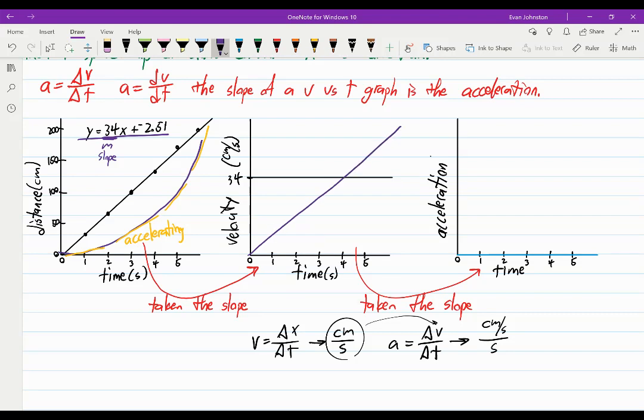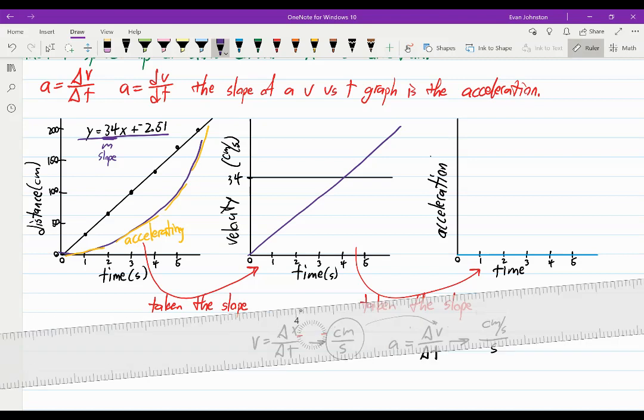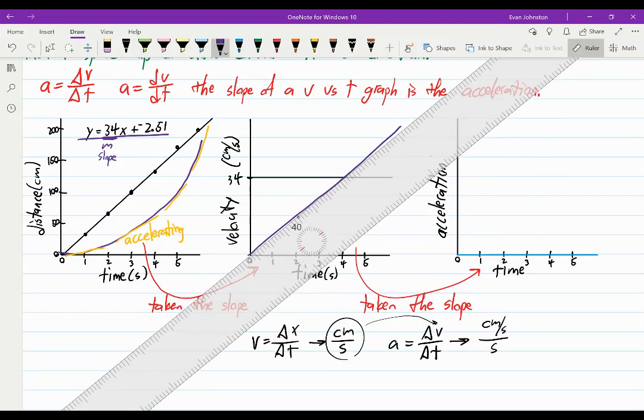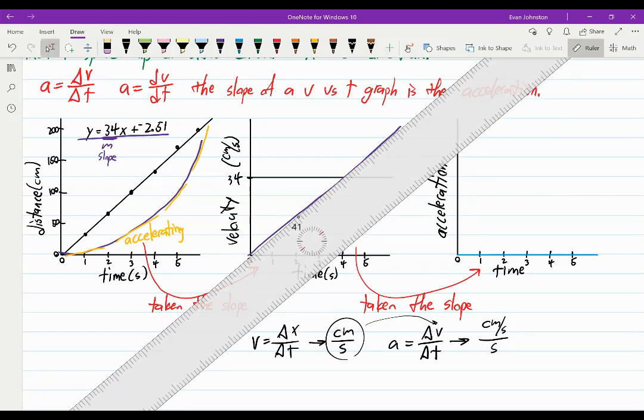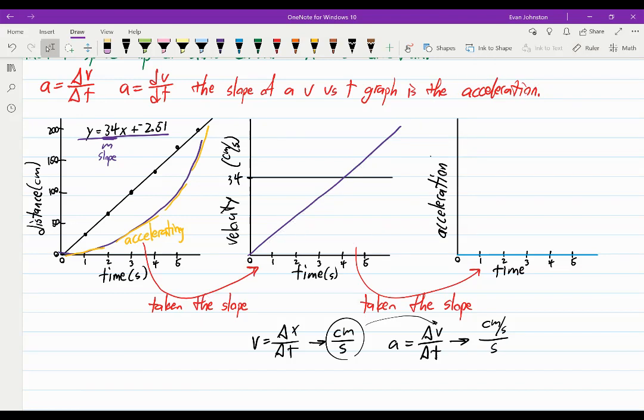Well, then if we took the slope of this, well, we would get something that's not 0, right? You could take your ruler, you could look at whatever the slope is, find your rise over run if we do the numbers, right? And then you'd get some acceleration that, since the slope of this is positive, you would just get some positive constant acceleration. And it would be constant for the acceleration because the slope of this line would be a constant, okay?